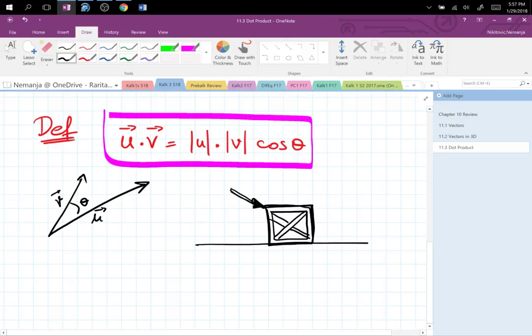But if you observe the vector F, which is the force with which you are pushing, that vector can be decomposed into the component that is pushing down, which is waste.